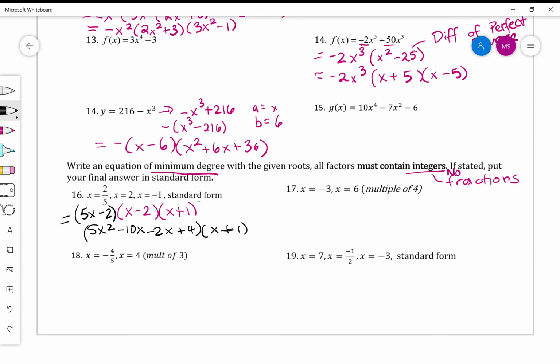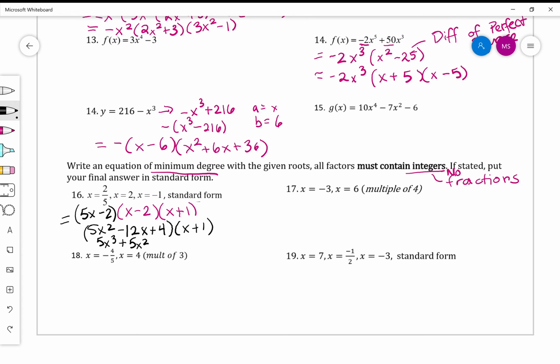Combine like terms. So you have 5x squared. I'm just going to rewrite it in here so that I have my last line to put everything. So negative 12x plus 4. All right. And then the one that we didn't use, x plus 1. And then go ahead, FOIL again. So 5x squared times x. That gives you 5x cubed. 5x squared times 1 plus 5x squared.